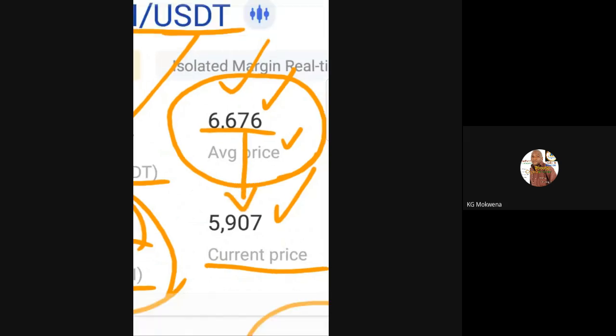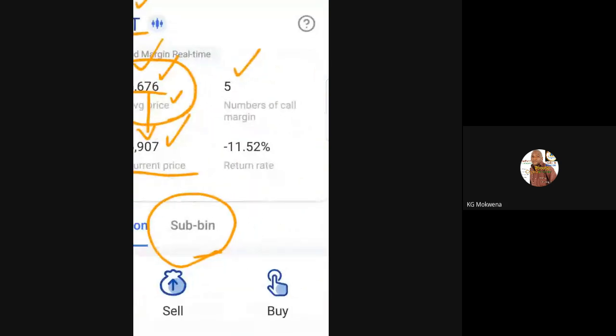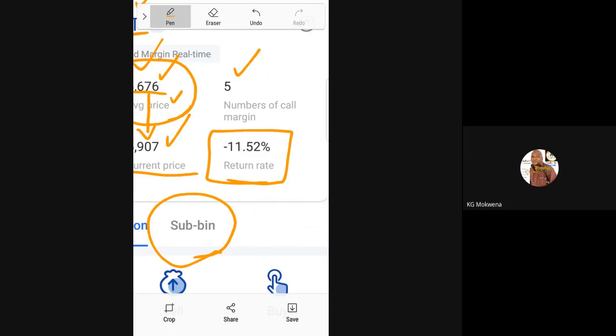With that being highlighted, it means there's been a depreciation, and that depreciation is according to your return rate here. On the return rate, it can be either a negative percentage or a positive percentage. When you see a negative percentage, it simply means that you are in a floating loss. But when you see a positive percentage, it means you are in a floating profit. So in this regard, we are having a floating loss.